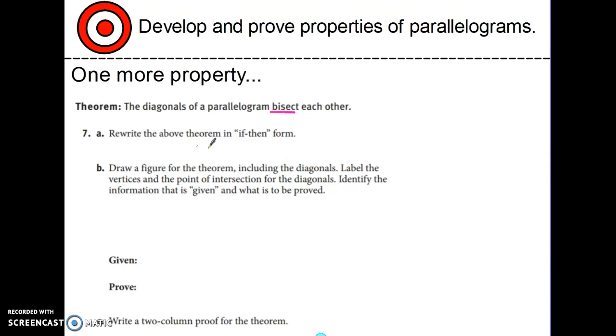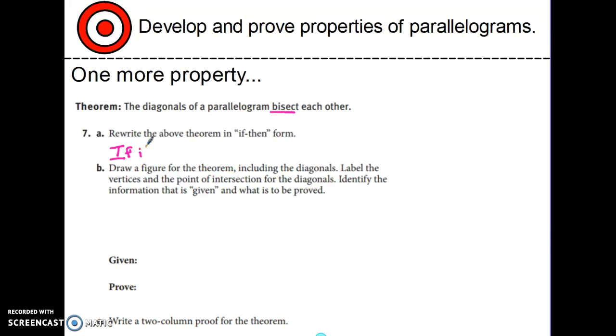All right, so the first thing they want us to do is to rewrite this theorem in if-then form. The reason why they're doing that is because we're going to prove it here in a second, and they need us to have some guidance on what is the if part, the given, and what's the then part, the prove. So I'm going to start out with if. It says the diagonals of a parallelogram, so obviously it's got to be a parallelogram, right?